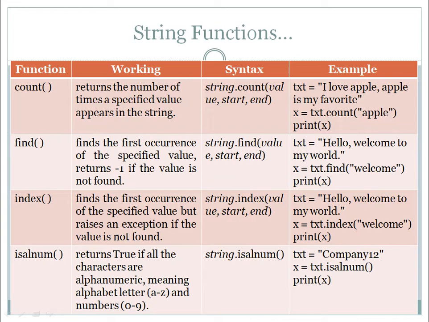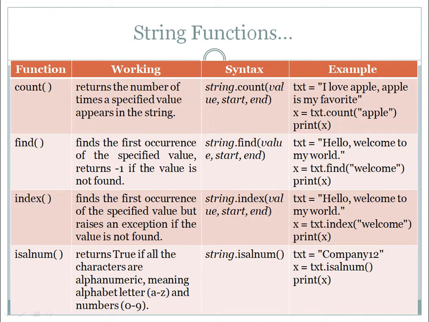Okay, next we come to isalnum. You have to note that if any function has the word "is" at the beginning, that means it will return either true or false, because it works like a question. isalnum means you are checking for alphabets and numerics. Al is for alphabet, num is for numeric.